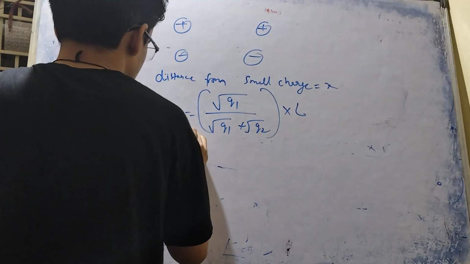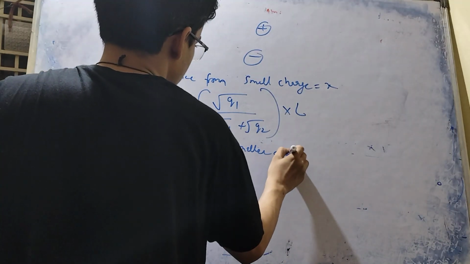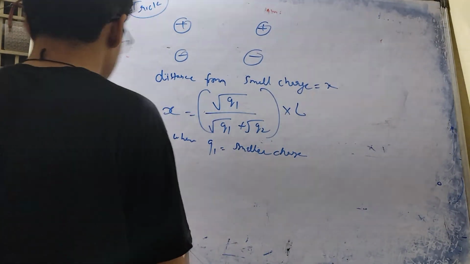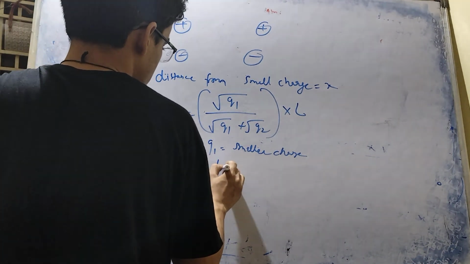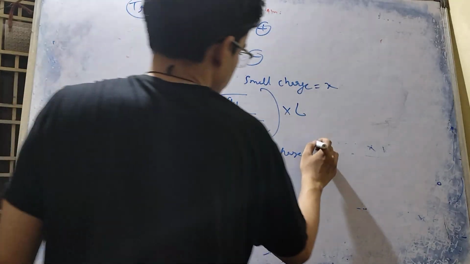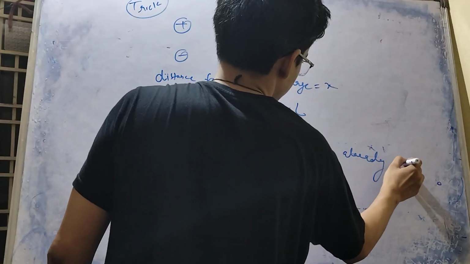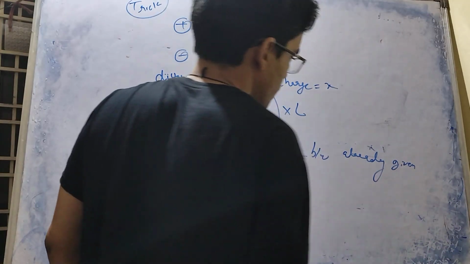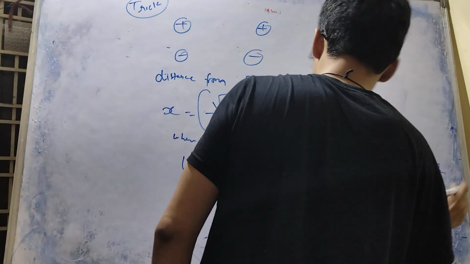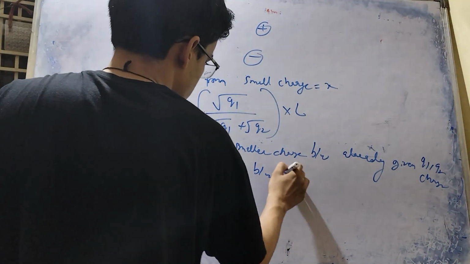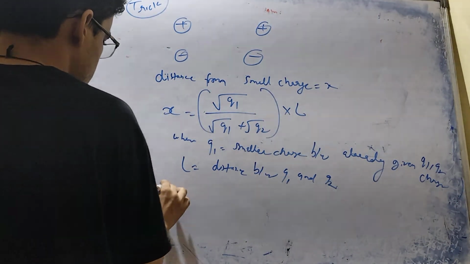What is q1? Here q1 is the smaller charge. L is the distance between the already given Q1, Q2 charges, right? L is the distance between Q1 and Q2. What is x?